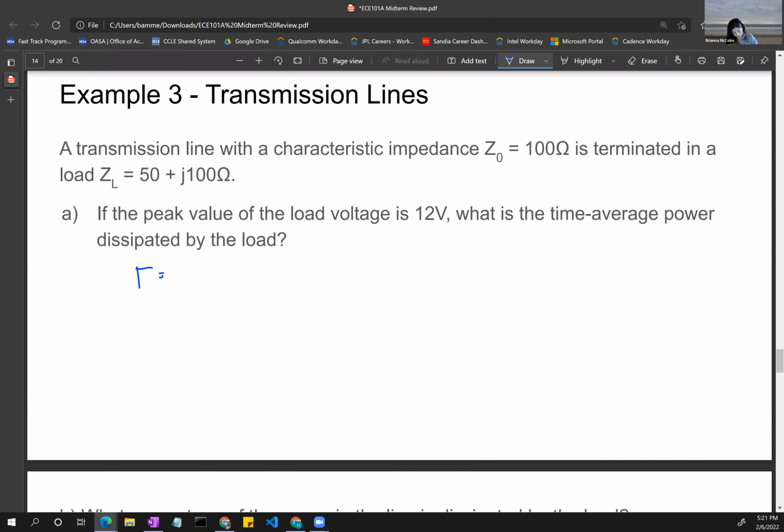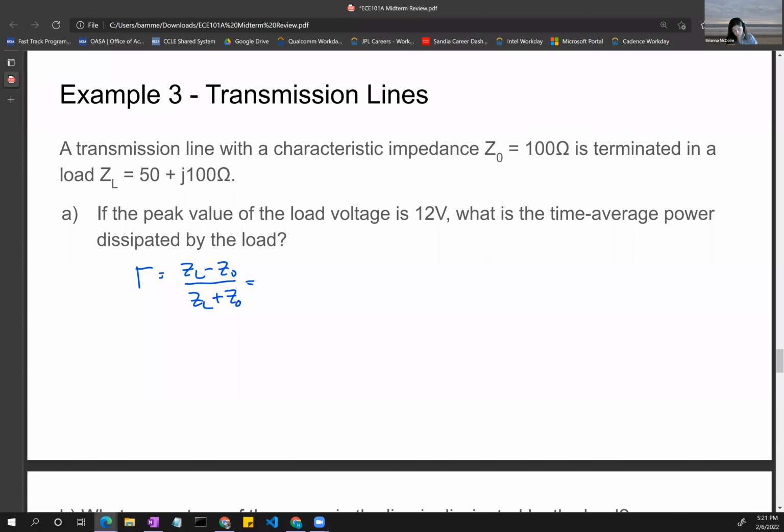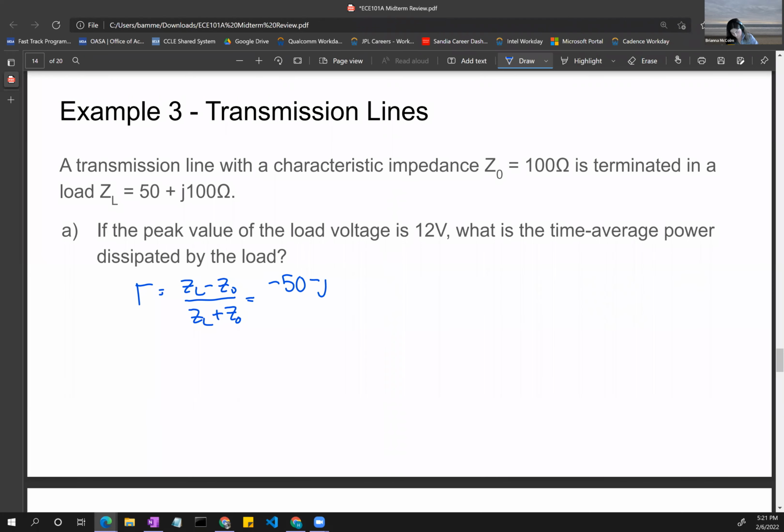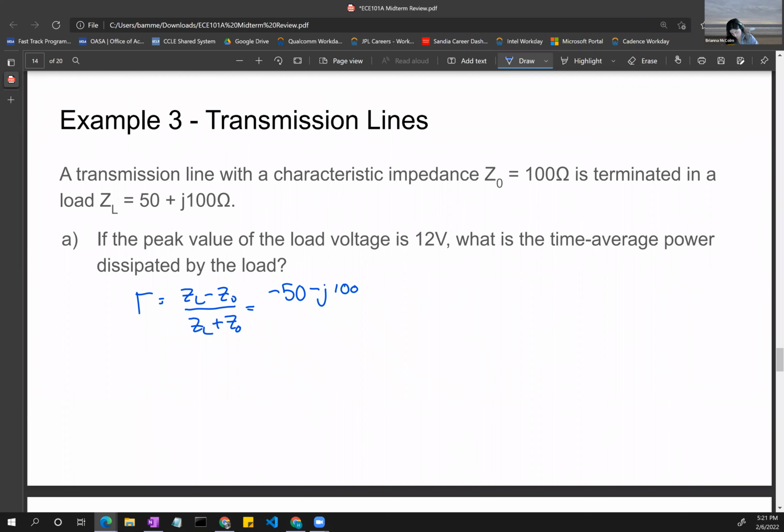Remembering the formula from the previous slide, we can plug in the given values of the problem, and you can plug this into your calculator and get this complex number expression.